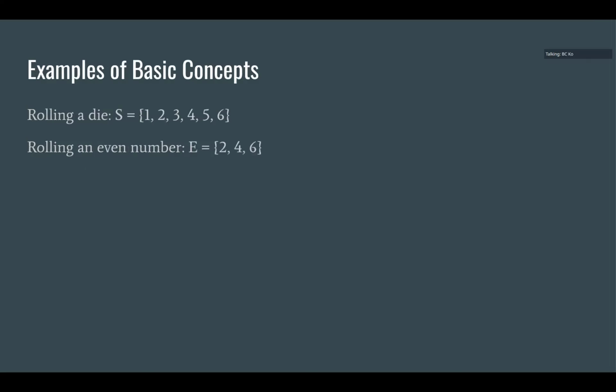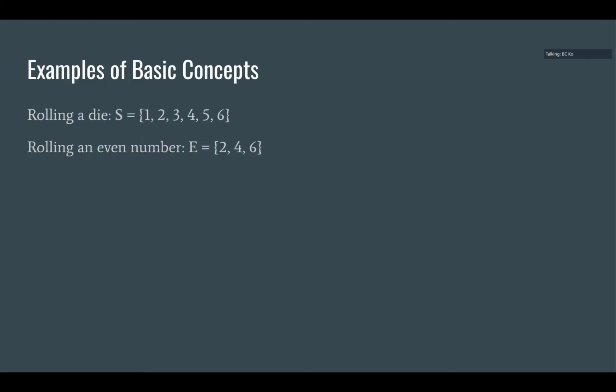Examples of basic concepts. In order to illustrate these concepts, rolling a die would be one of the easiest ones to cover. So for example of rolling a die, the sample space S consists of all possible outcomes, 1, 2, 3, 4, 5, 6.